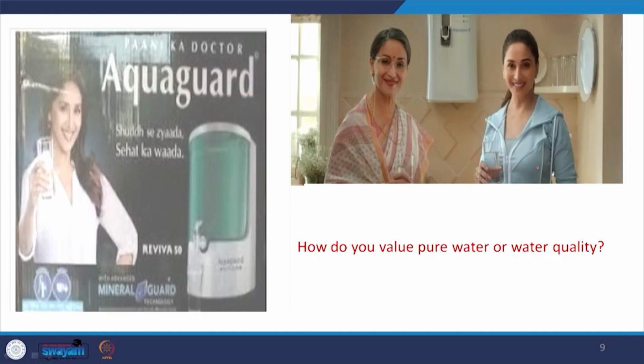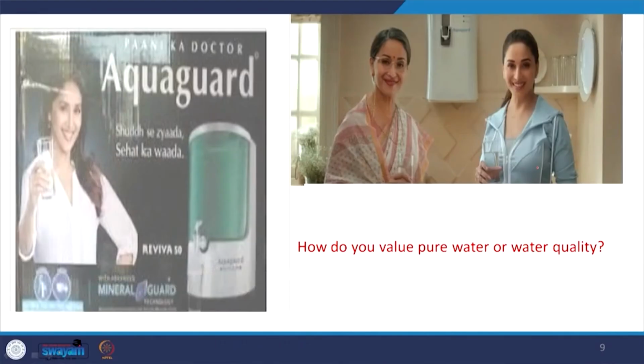So, we can have this example. What are these pictures about? These pictures are talking about the importance of Aquaguard. What is the function of this Aquaguard? Obviously, when you are choosing the quality of drinking water, you can explore whether there is any mechanism to have better quality or pure drinking water.